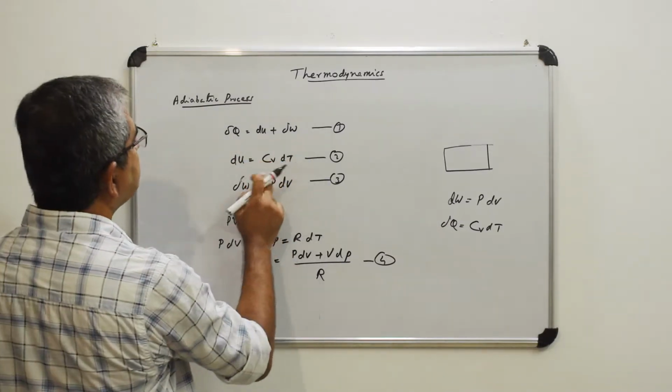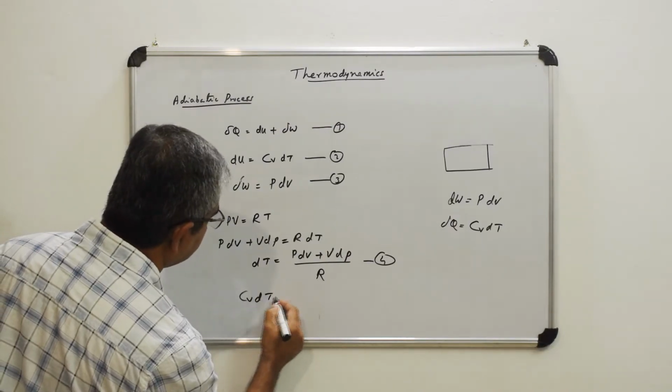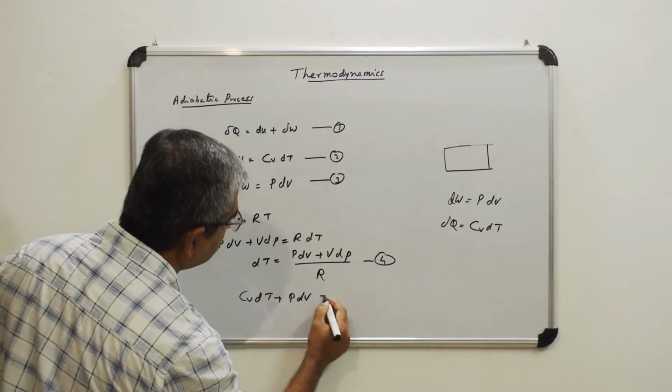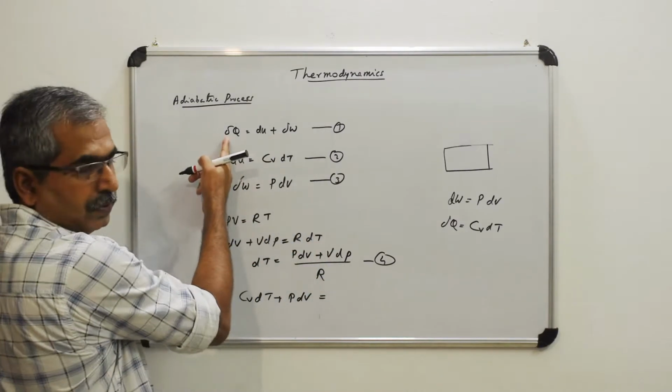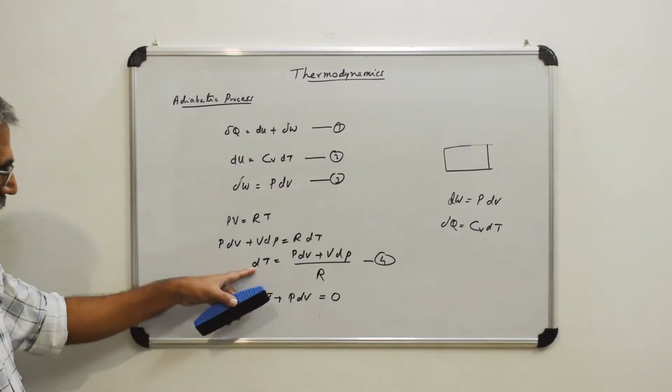And then you can write dU is equal to Cv dT plus delta W, that is P dV, is equal to 0 because delta Q equal to 0. Now you can substitute for dT. What is dT?